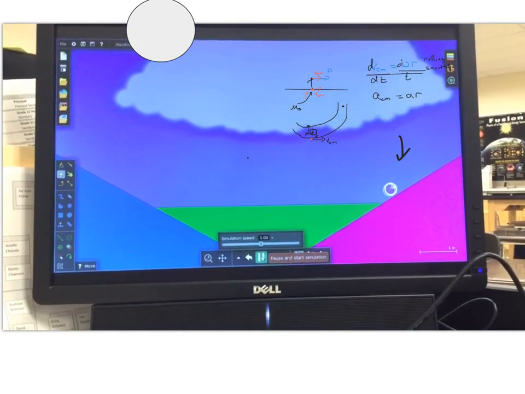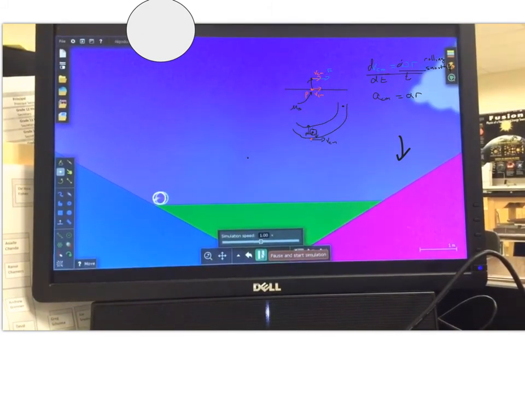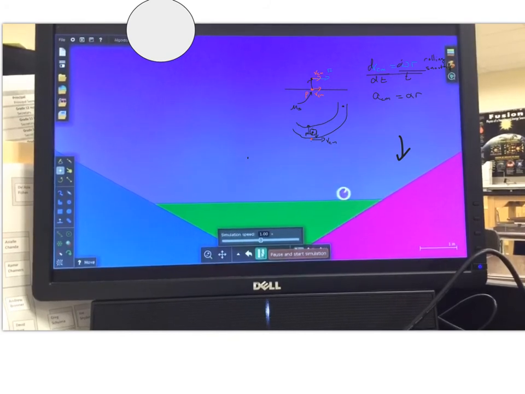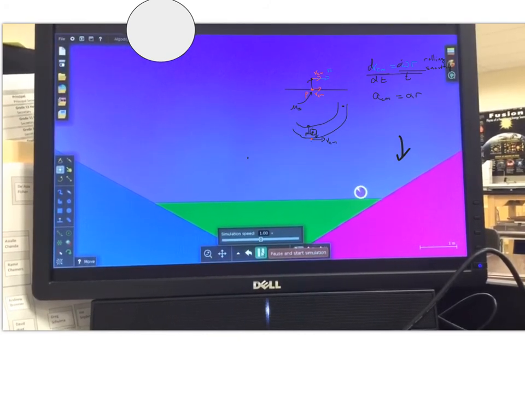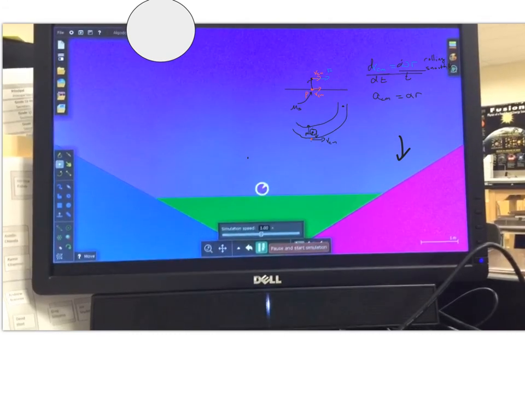No. And it will roll as if there's friction or if there's not. If I added friction to the green surface, nothing would change. It would still roll and make sense, as long as it's rolling at a constant speed and rolling smoothly, because there will be no tendency for that wheel to slide because the particles are just moving up and down.